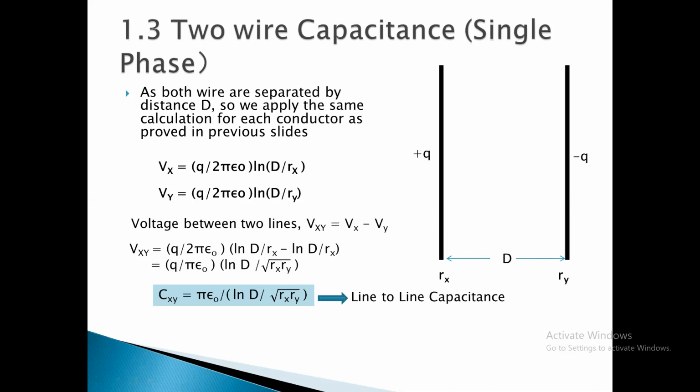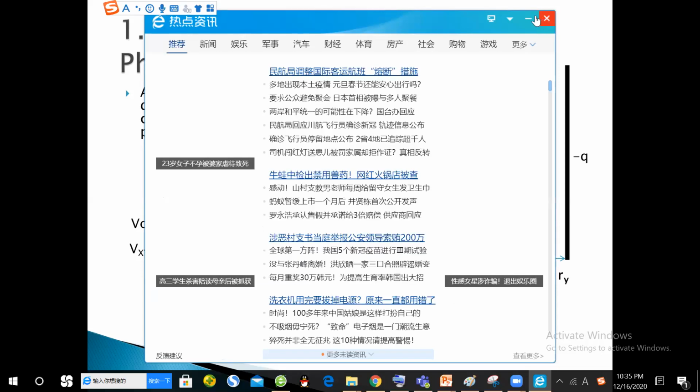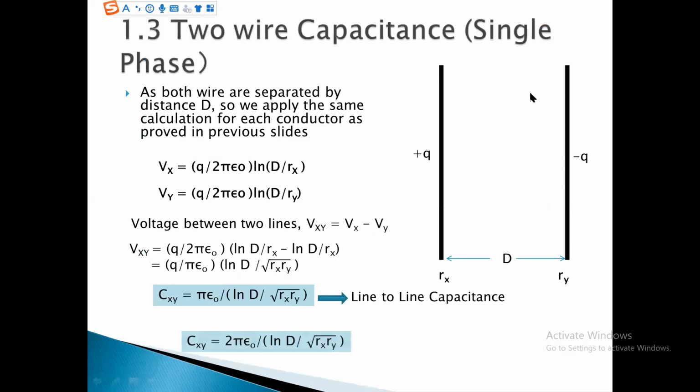There, you know that earth will also act as a conductor. Sometimes in the numerical, it is asked that you have to find the capacitance between line to line, and sometimes between a line and ground.